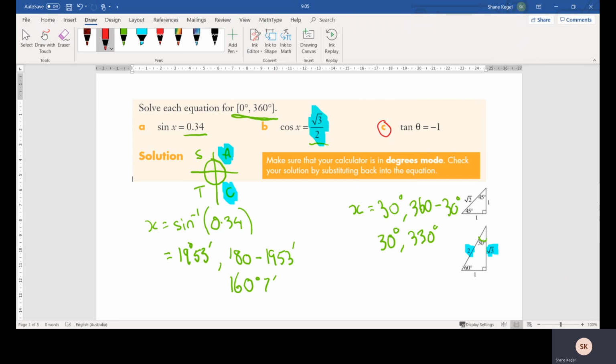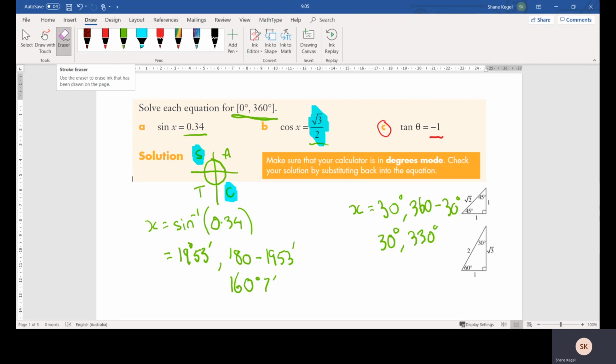So let's look at C now. Firstly, tan is negative 1. So that tells me tan must be negative. Tan could be negative in the second and fourth quadrants. To work out what theta equals, I need to work out, using my exact triangles, what would give a value of 1.